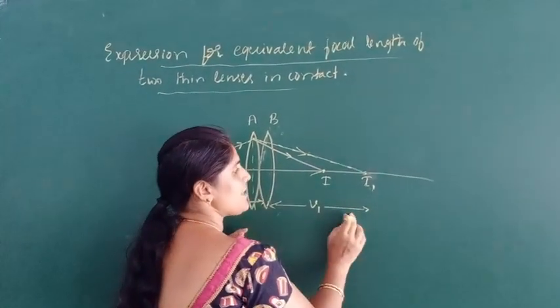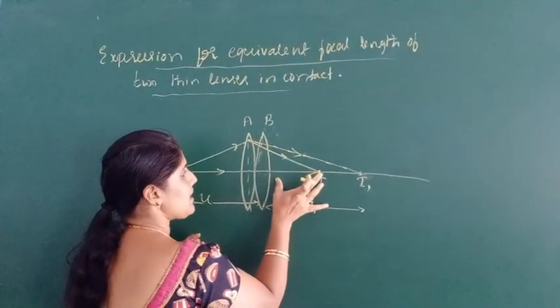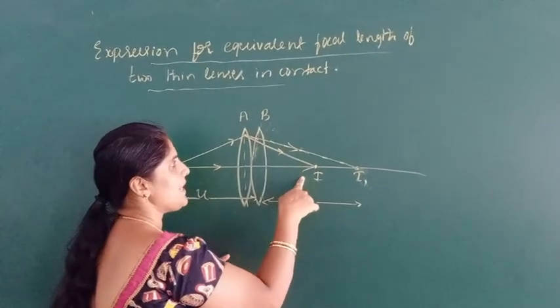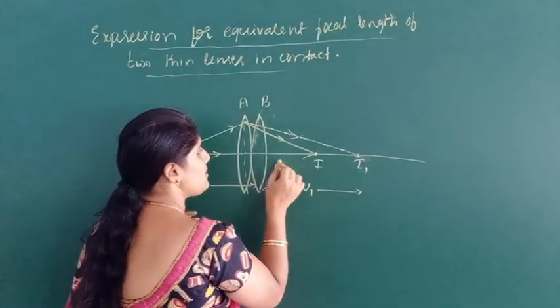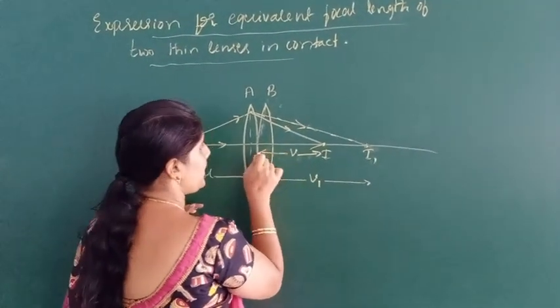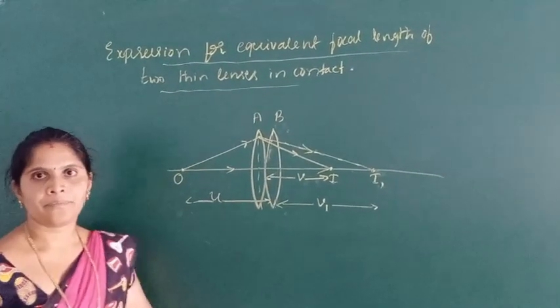So V1 is the image distance for I1. Let us call the real image I, that is the image formed by the second lens due to the virtual object I1. This image distance is written as V. Okay. So this is the ray diagram.